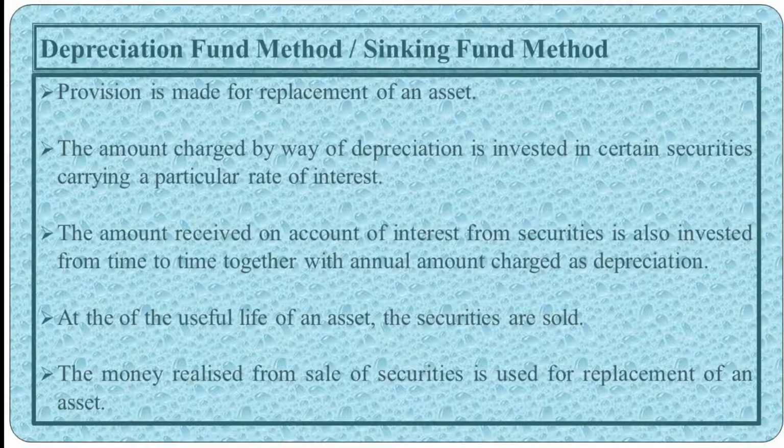At the end of the useful life of an asset, when replacement is required, the securities are sold away and money realized on account of sale of securities is used for purchase of new asset. Normally, the amount of depreciation is determined based on annuity table or sinking fund table.